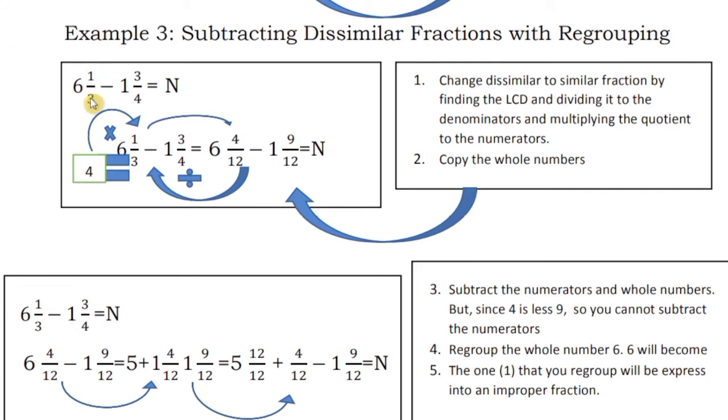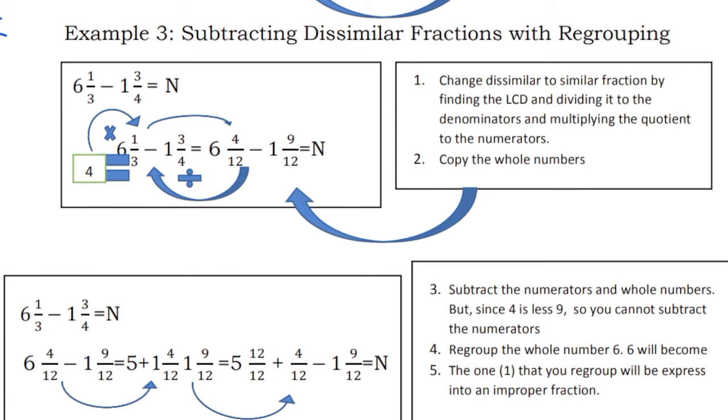So the minuend that we have is 6 and 1/3, while the subtrahend is 1 and 3/4. The first thing we should do is look for the LCM. So 3, 4.